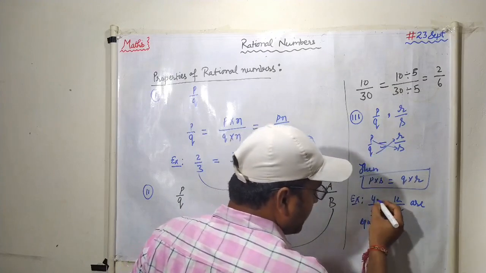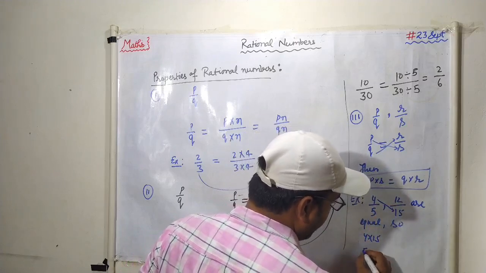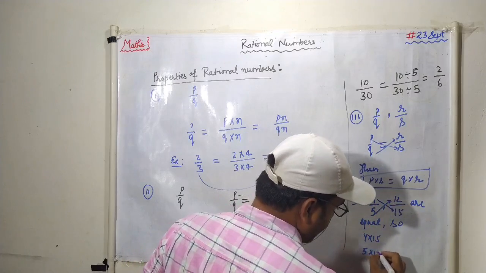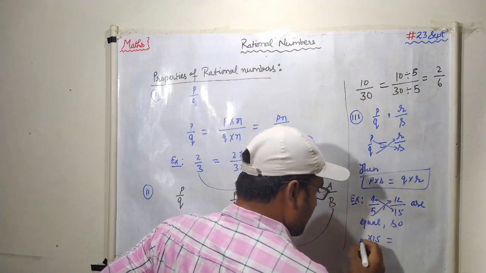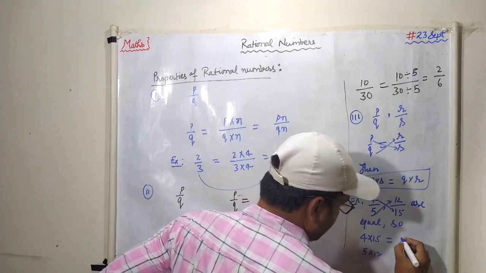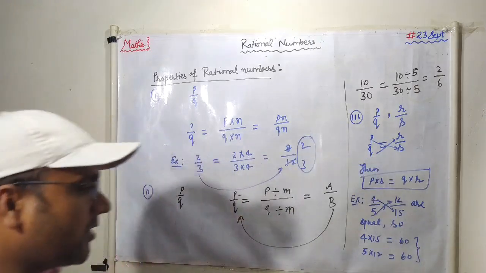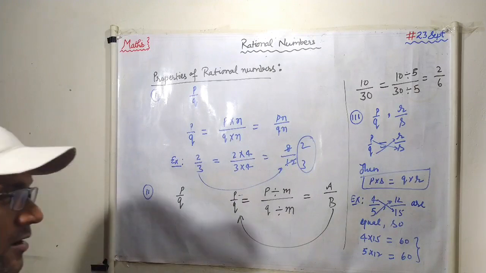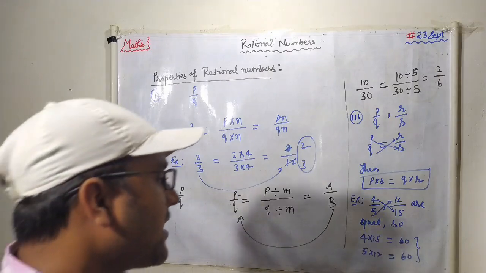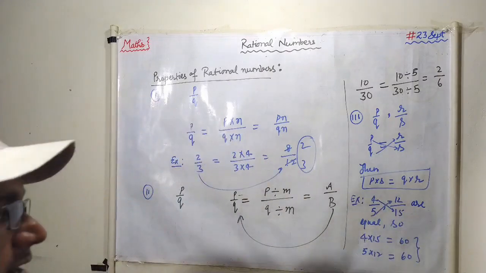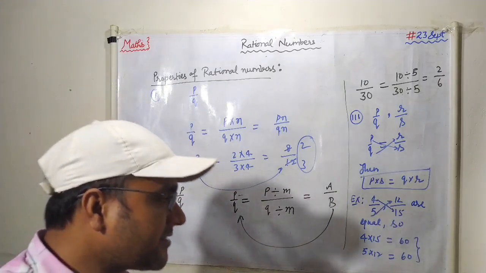First, 4 into 15, and then 5 into 12. 4 into 15 is 60, and 12 into 5 is also 60. Both are equal. This means that if two rational numbers are equal, then their cross products are also equal, students. Or if their cross products are equal, then they are said to be equivalent fractions, or equal rational numbers also.